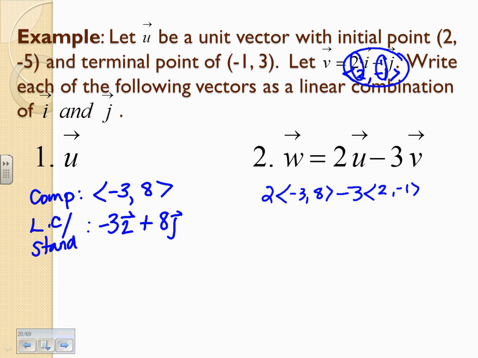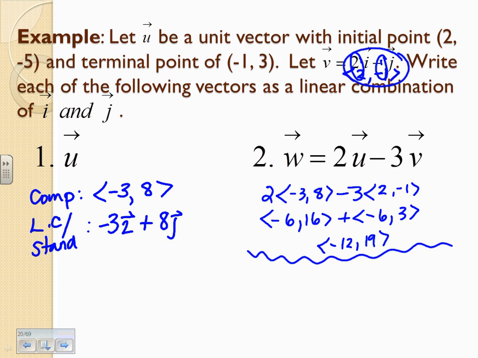So this would be ⟨negative 6, 16⟩ plus ⟨negative 6, 3⟩, which would be ⟨negative 12, 19⟩. That's in component form, and then you could say that that's negative 12i plus 19j.